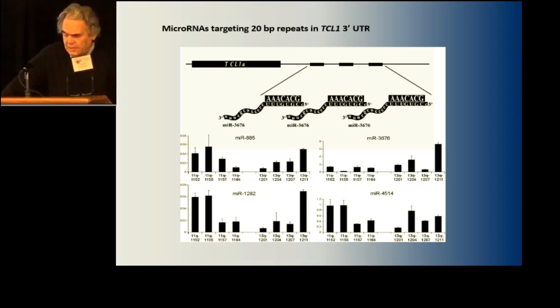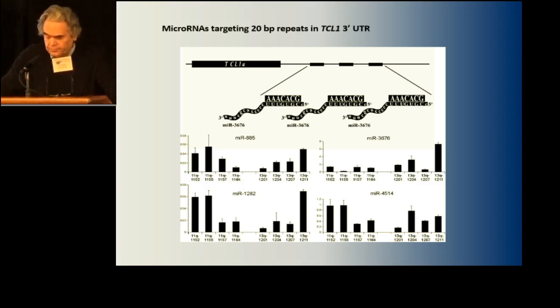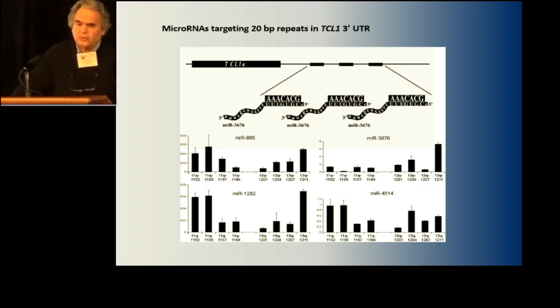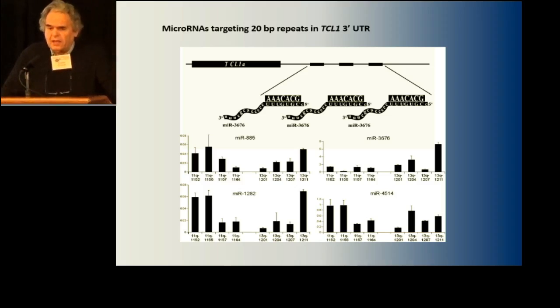We were able to clone the gene involved in T-cell prolymphocytic leukemia, and we call it TCL1, for T-cell leukemia/lymphoma 1. The gene encodes probably a 114 amino acid protein, which is present in the nuclei and in the cytoplasm of early B and T cells.